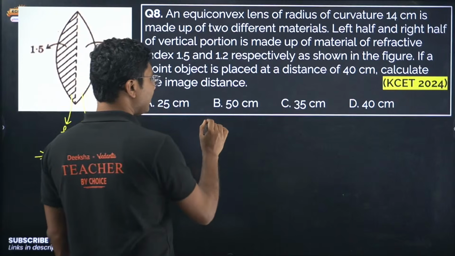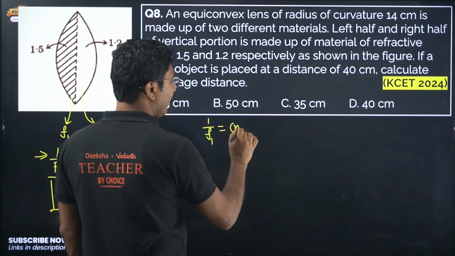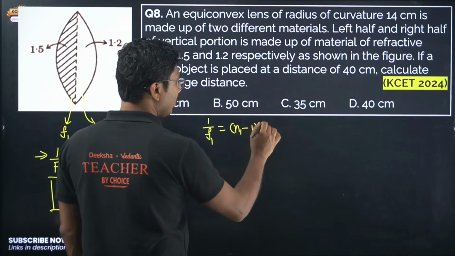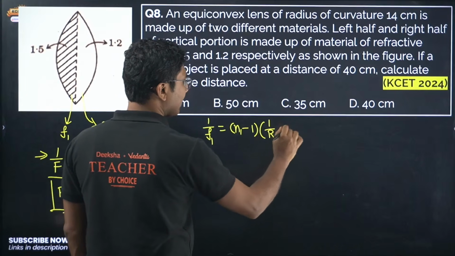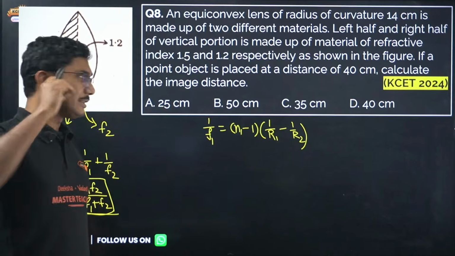So the lens maker's equation you have to use: 1/F1 = (n1 - 1)(1/R1 - 1/R2). There is no shortcut to this formula. This is a very basic formula.